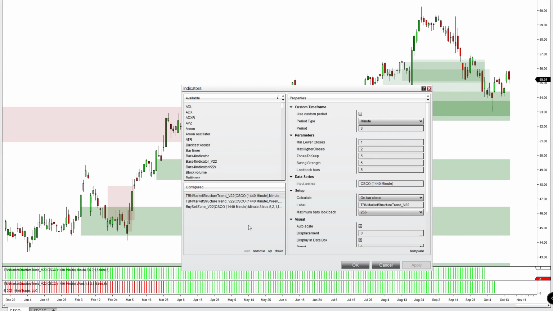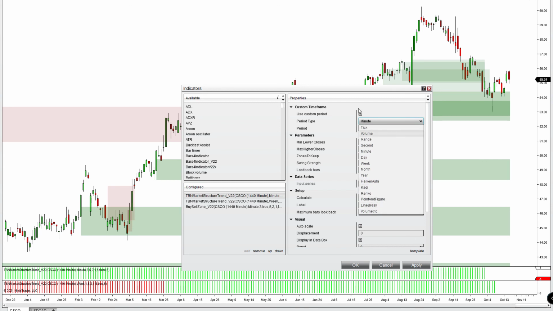You can see here I have this custom time frame switch. I can click that and I can choose any type of time frame that I want. And in this case, what I've done is I have a weekly on the bottom, and on the top, if you don't have this box checked, it just uses the time frame on your chart. So this is a daily.